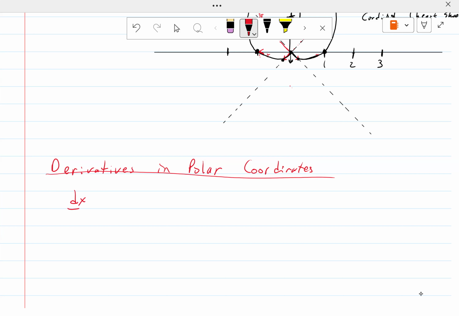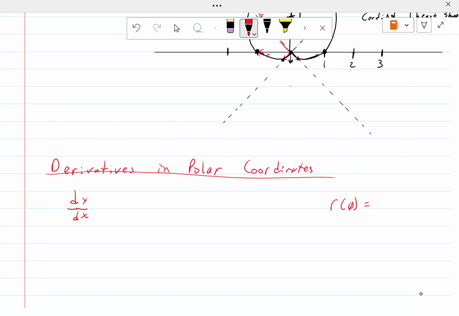So dy dx. But we don't have something in terms of dy dx. What we have is something in terms of r and theta, right? r of theta. So we're thinking, how do we find the derivative dy dx in terms of r and theta? Well, we have to change parameters.